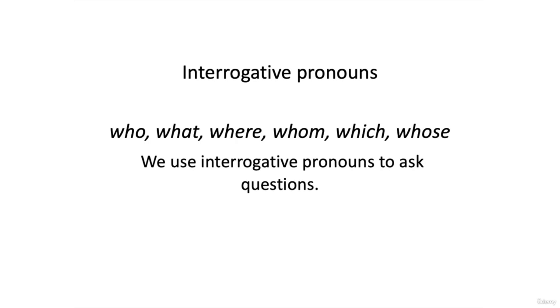We just use them differently, as we use interrogative pronouns to ask questions, and therefore use them at the beginning of a question. These interrogative pronouns refer to a person, place, time, information, or thing that we don't know.